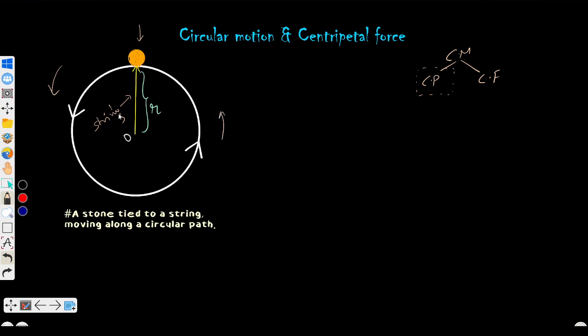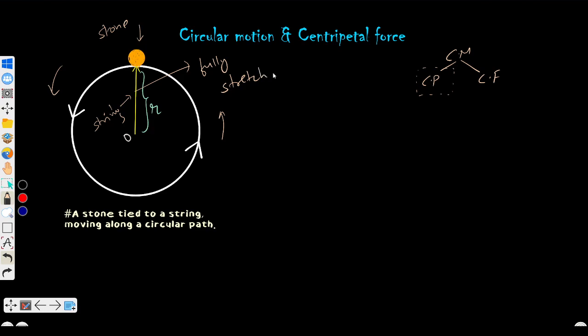The string will act as the radius of the circle, and this stone will trace out a circle. So we can say that the stone or the object performs a circular motion. I hope everything is clear to you till now. So what we can say, when this object or this stone is performing circular motion, the string is fully stretched.